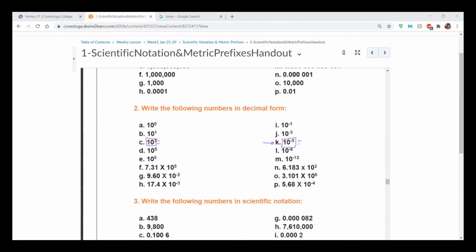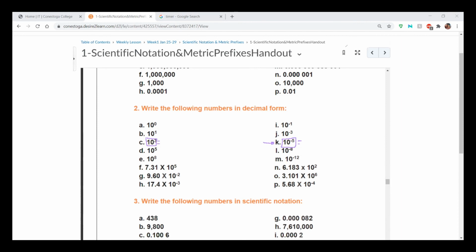So we will have 0.00001, and that's going to be the answer. Any question on why it is that we are going to have the 0 and then 0.00001? No, we're good. Okay, so let's get moving.